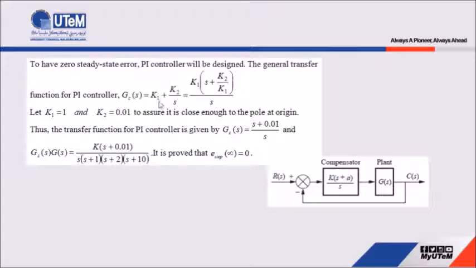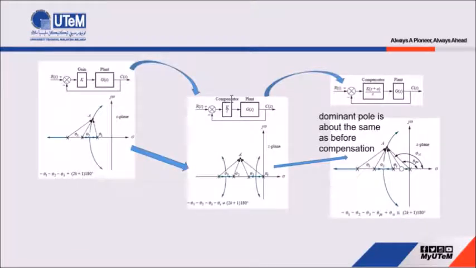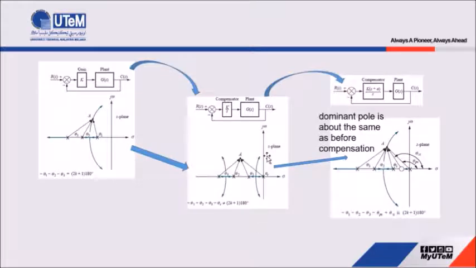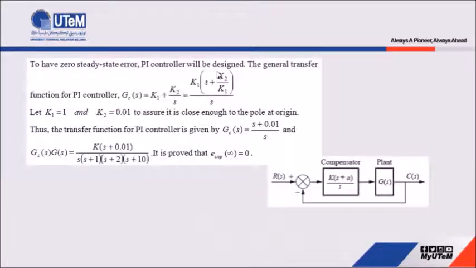We can rearrange this equation to become K1 times (s plus K2 divided by K1) divided by s. This equation is the same as the previous equation that I showed you, G_PI equal to K times (s plus zc) divided by s, where zc in this case is equal to K2 divided by K1.